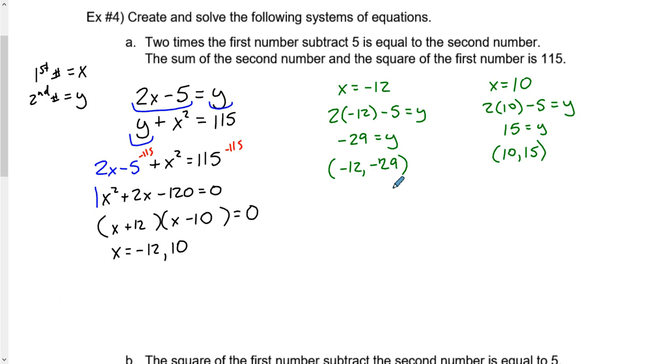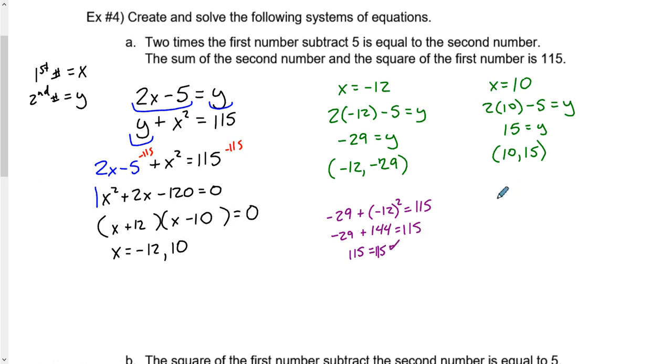To do a quick verify, negative 29 plus negative 12 squared, does that equal 115? Negative 29, add 144, is absolutely 115. That's good.